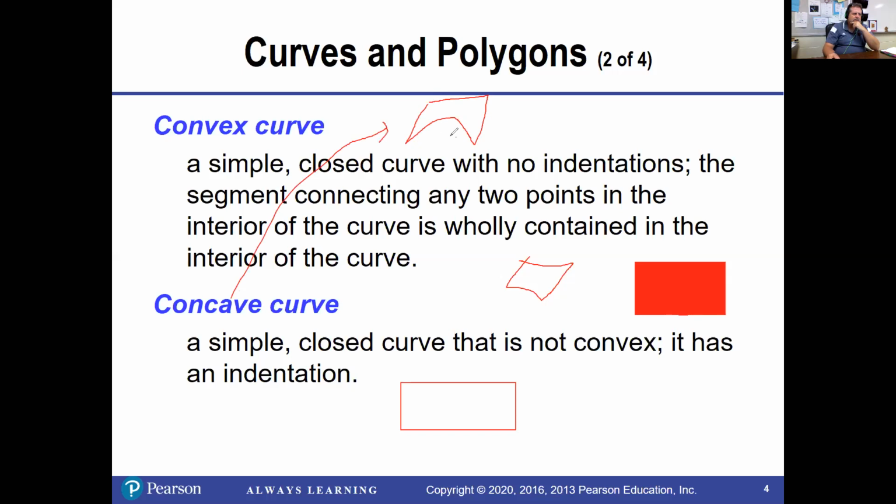It indents heavily in here. These are concave. These are convex. The easiest way to tell the difference is if I take a line and I can go in, out, and back in again to the inside of the figure, then it is concave. Notice if I go in, then I go out, but I don't come back in, it's convex. That's probably the easiest way I know to tell people.